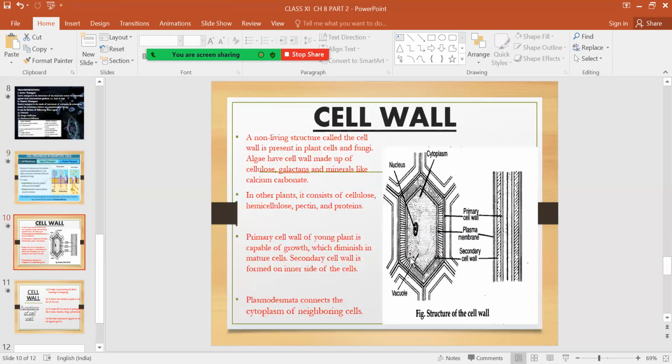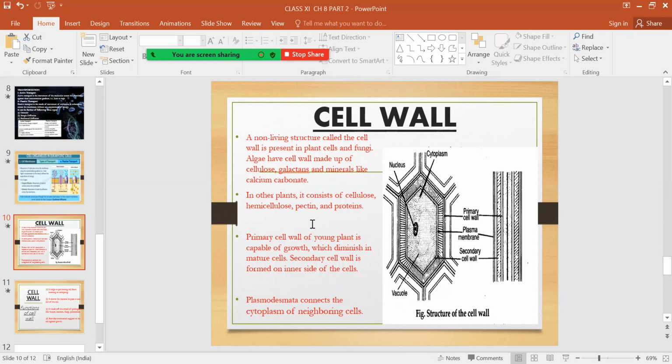Now next we come to the cell wall. Cell wall is only present in plant cells. Animal cells do not have a cell wall. What is a cell wall? It's a non-living structure, and it's present not only in plant cells but also in fungi and algae cells. Algae have a cell wall made up of cellulose, galactans, and minerals like calcium carbonate.